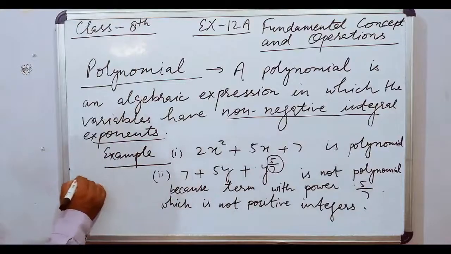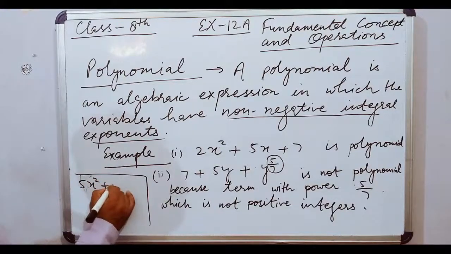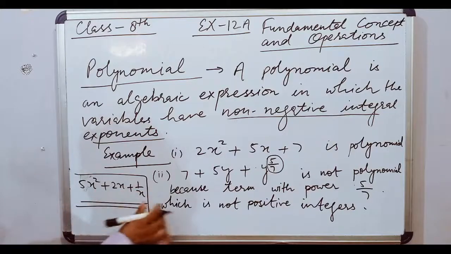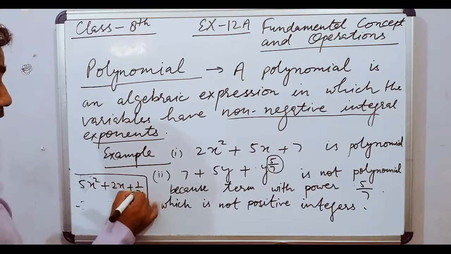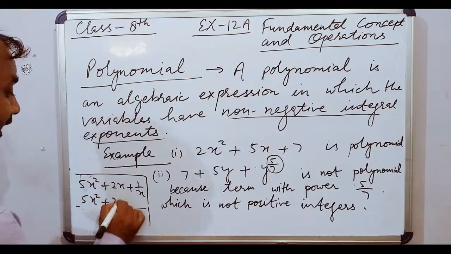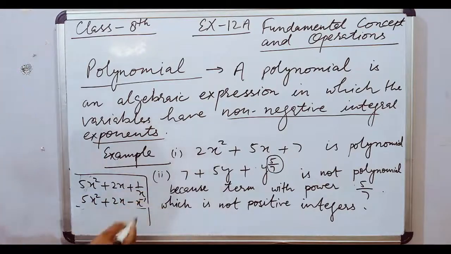Like 5x square plus 2x plus 1 upon x, it is not a polynomial. Why? Because the variable has a negative power.